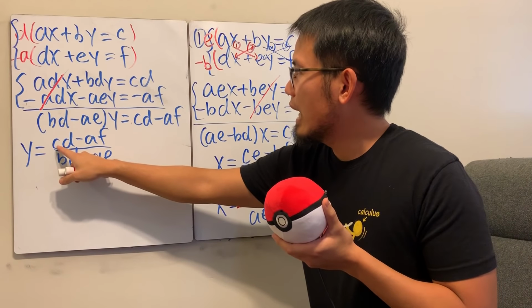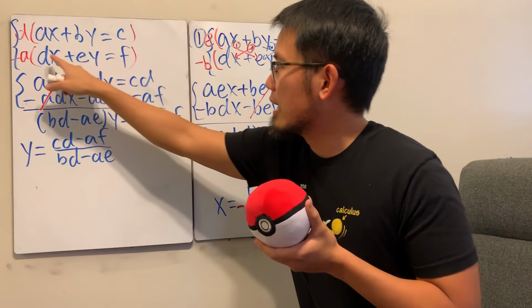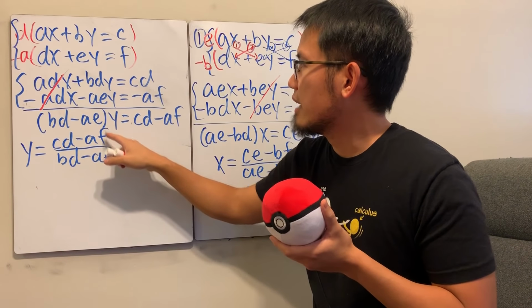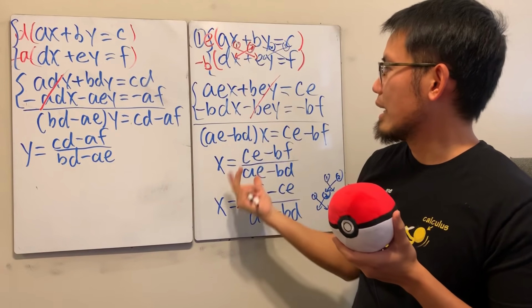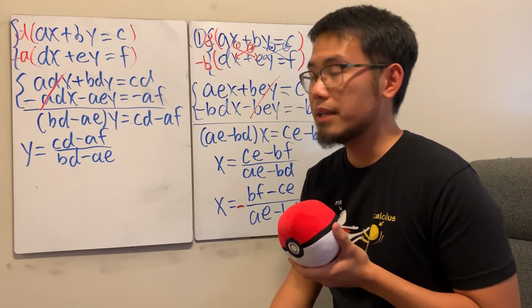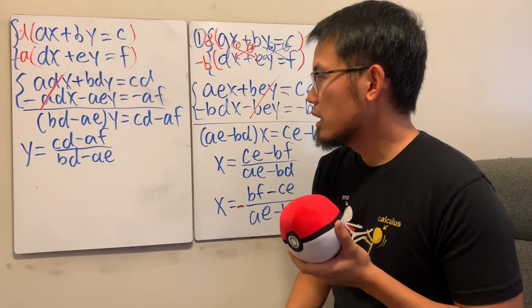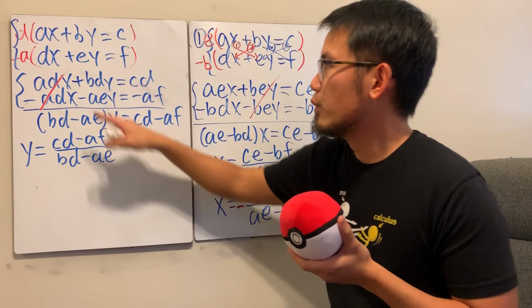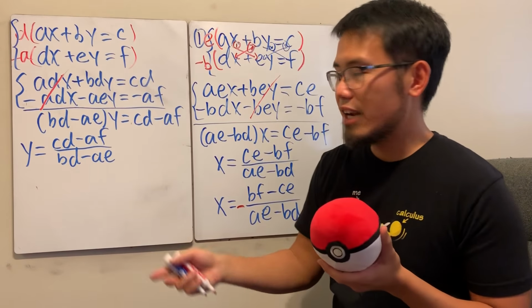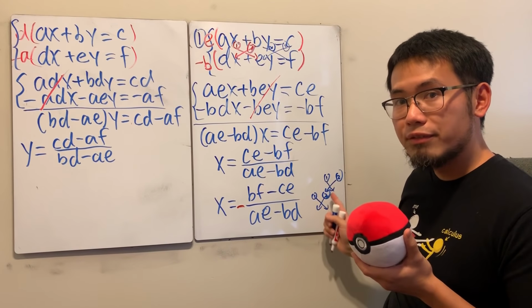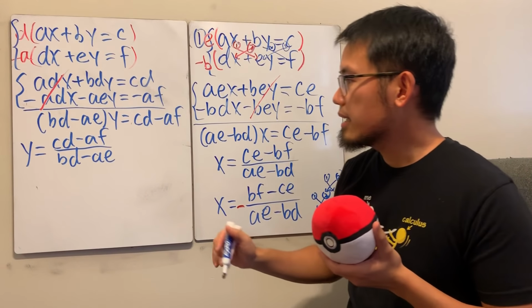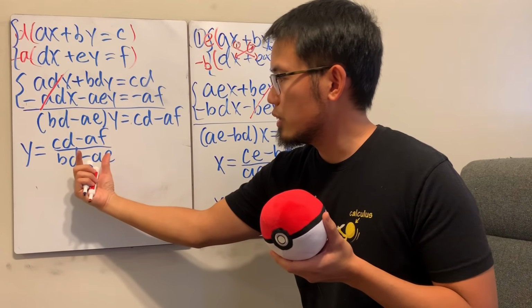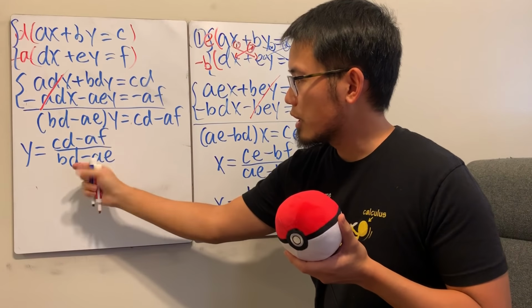Okay, you see that we have CD, so it's this times that, and then minus AF, which is this times that. Again, this is backwards, just like what I told you earlier. So if you don't want to do that, if you want to do this direction so that everything is just going to be from left to right, and then right to left, in that case, what I'm going to do is just switch the order of the subtraction.